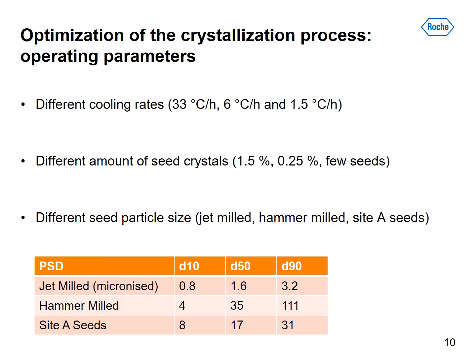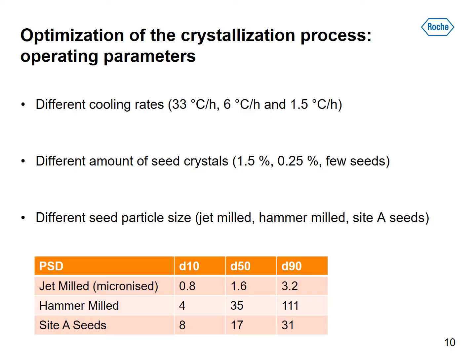To optimize the crystallization process, we also changed some other parameters to find the best conditions. To have a look at the crystal growth rate, we changed to different cooling rates from 33 degrees Celsius down to 1.5 degrees Celsius per hour. We also used different amounts of seeding crystals, from a few seeds up to 1.5% of the API amount.